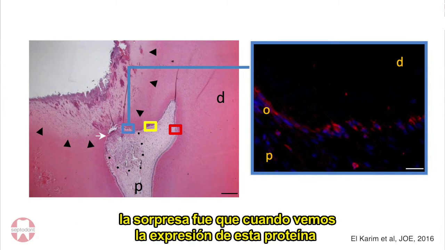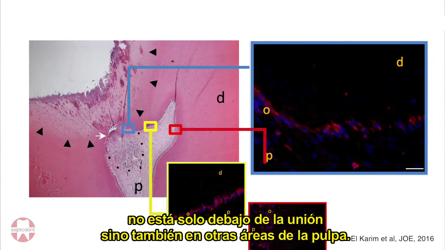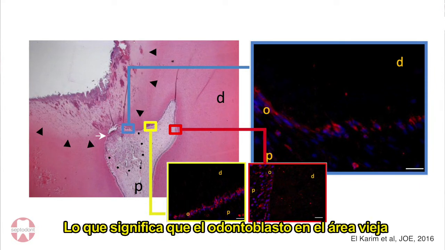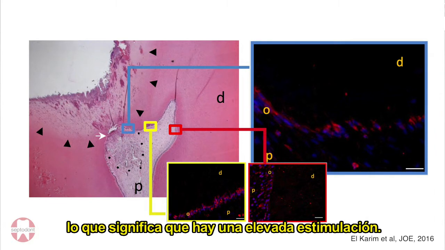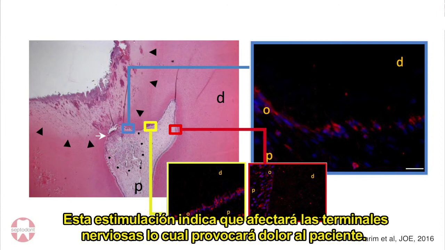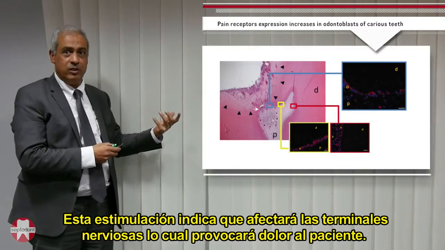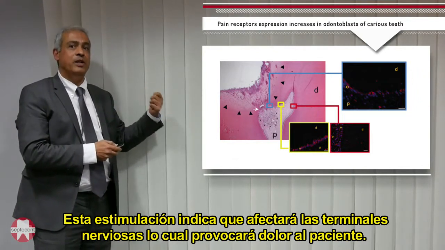The surprise was that this protein is expressed not only under the carious injury but also elsewhere in the pulp, which means that the odontoblasts in the whole pulp express a higher level of this protein, indicating a high stimulation. This stimulation indicates that these cells will release mediators of inflammation that will affect the nerve terminals, and this is why the patient feels pain.